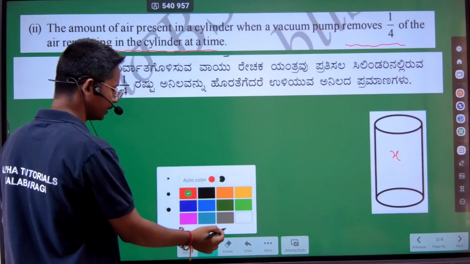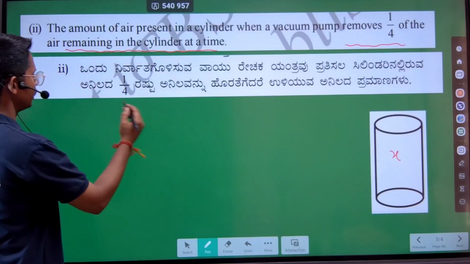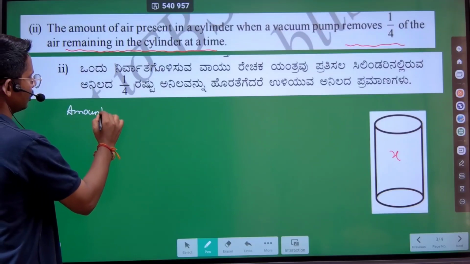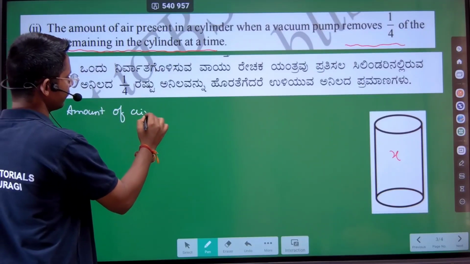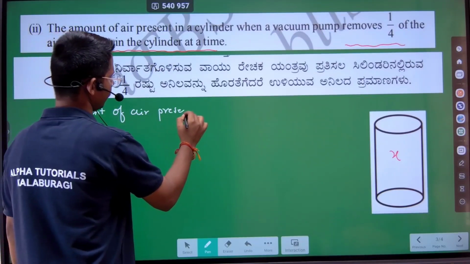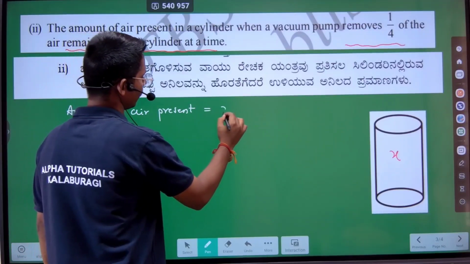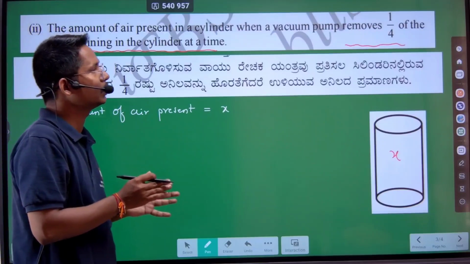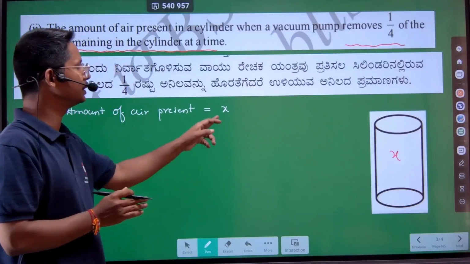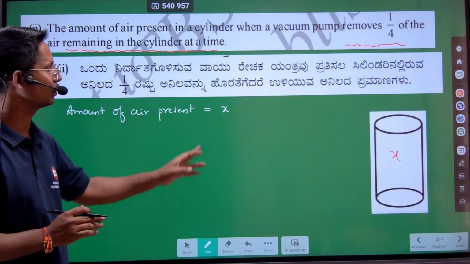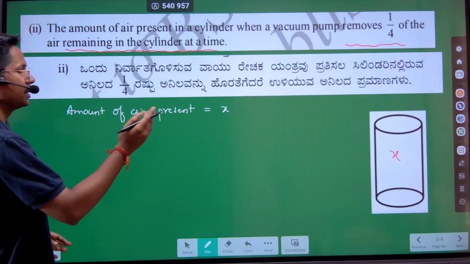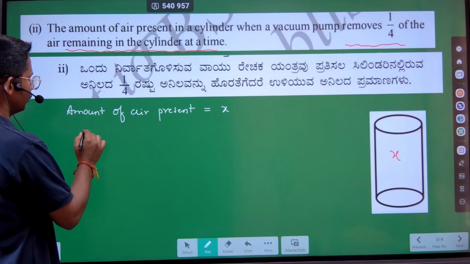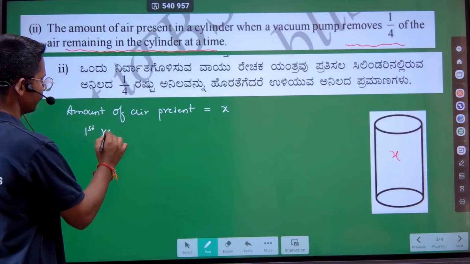So I'll write the same thing: the amount of air present is equal to x. Now you need to remove 1/4 of this volume. That is going to be the next term. So I'll remove, I mean first removal.